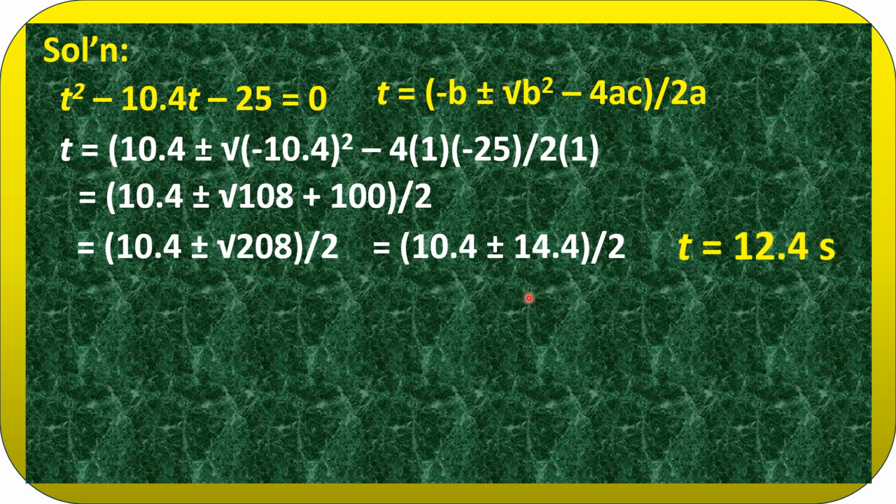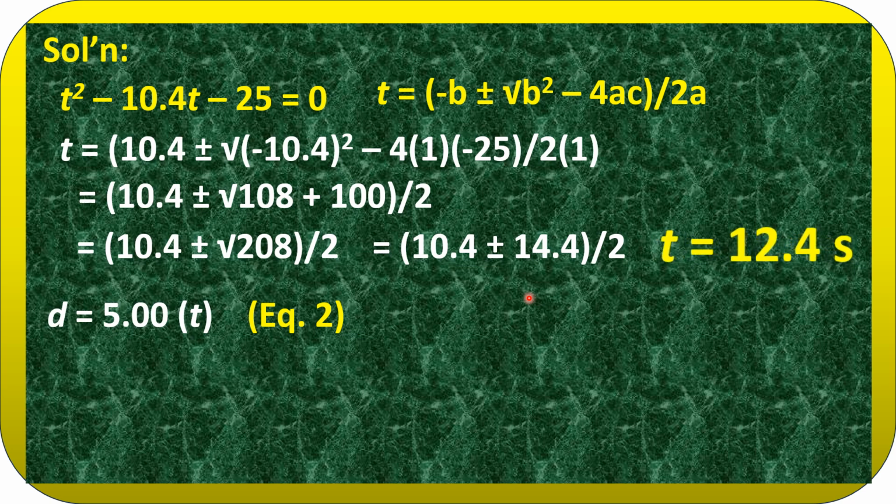Since what we are looking for is the distance that you have to run in order to overtake the bus, equation 2, compared to equation 1, is a much easier equation to determine the value of d.